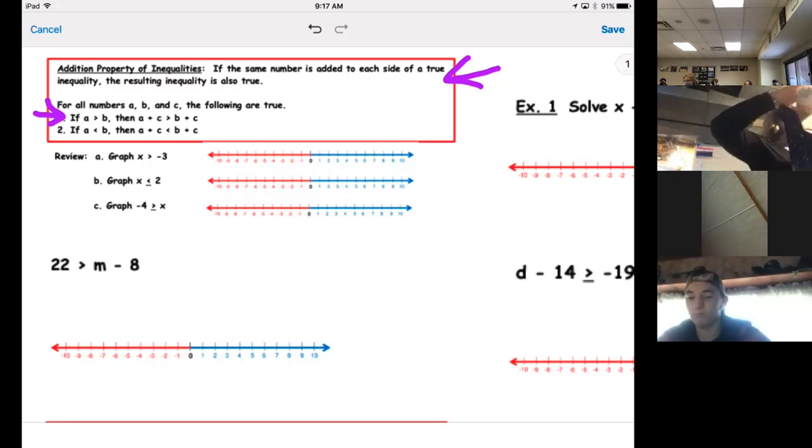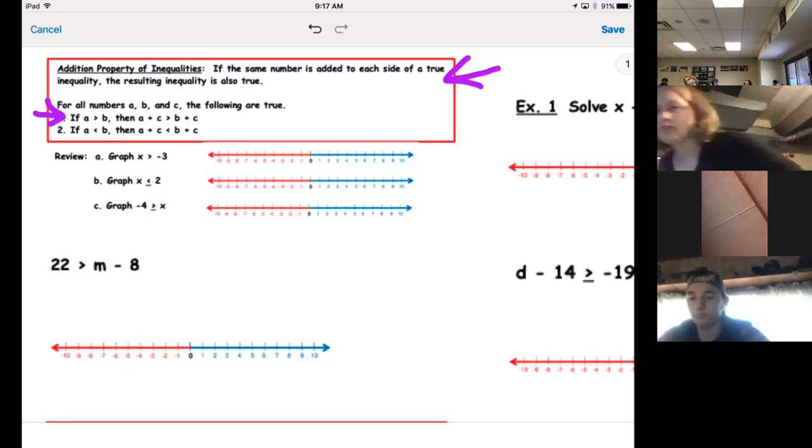It says graph x is greater than -3. Now, when we're graphing an inequality, what we're basically saying is we have a number line of numbers. How many numbers are on the number line? An infinite number of numbers are on a number line.